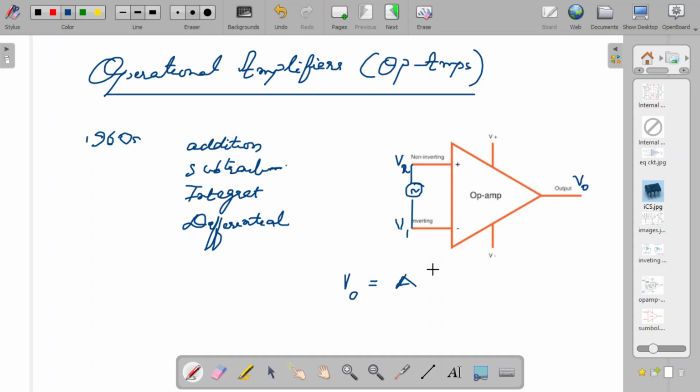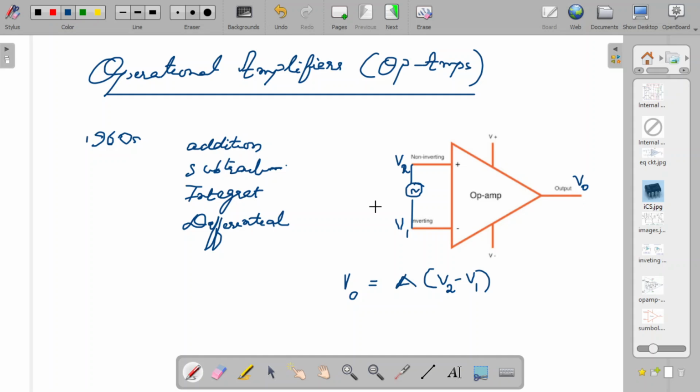Here, the input is not a particular value V1 or V2, but instead the input is actually the difference between V1 and V2. So input is actually V2 minus V1. It is constructed in such a way that the output voltage is A times (V2 minus V1), or I can say that the difference of the signal given at the input is amplified at the output.